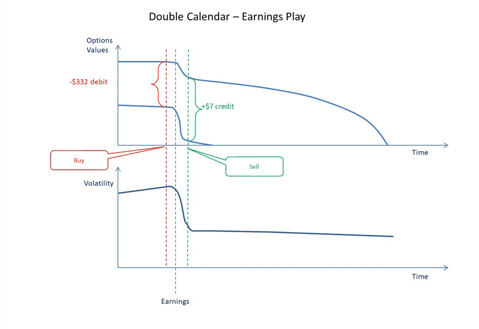So the same principle applies to options. Even though the earnings will come out, or in this case it has already come out, the options expiring in March will still have plenty of time, therefore it will retain its value. So what I'm banking on is that the difference over here is going to be less than the difference after the earnings. So that's how you do a double calendar play.